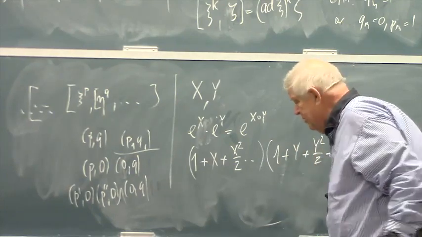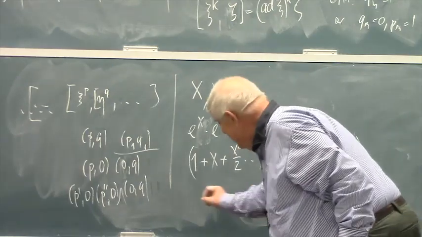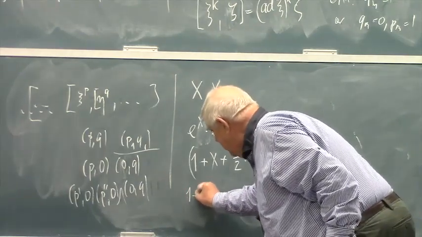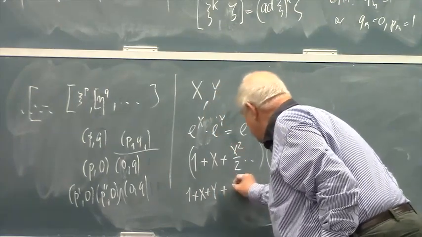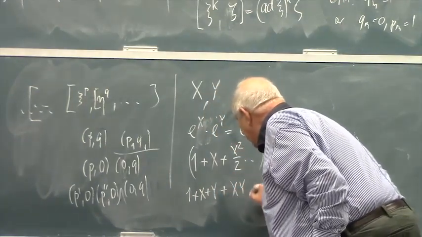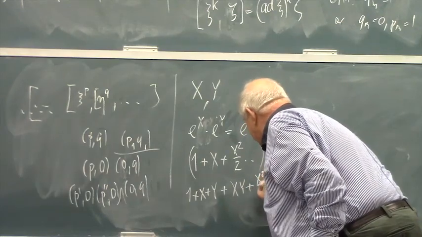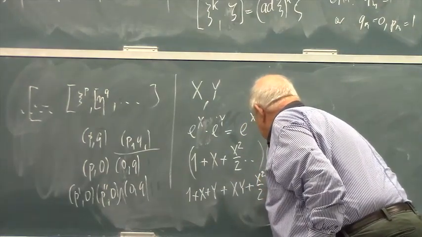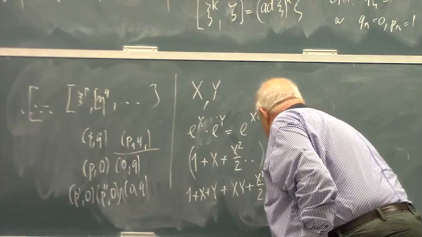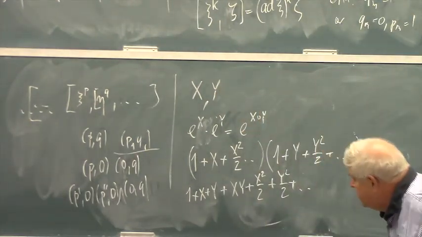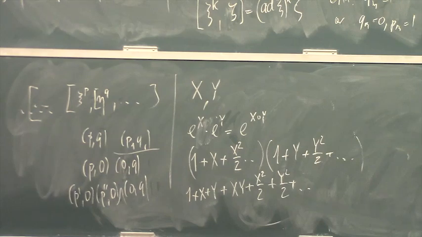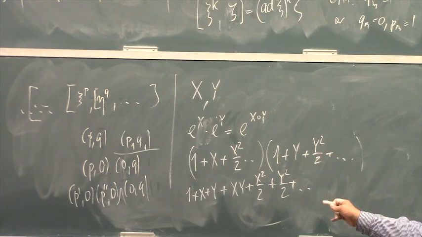Right? I hope so. Multiply. It will be 1 plus x plus y, right? Plus xy plus x squared over 2 plus y squared over 2. And I don't write the terms of degree more than 2. Is it right? I hope so. Now it is an exponential of what?